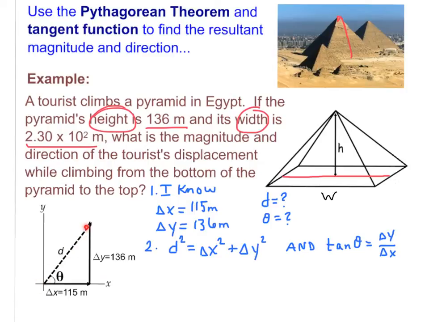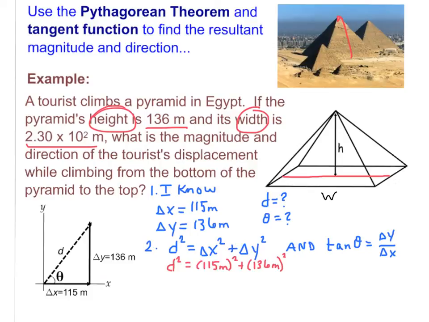That's the hypotenuse right there, and that's what I want to find, too. I want to find d. So d squared equals delta x squared plus delta y squared. So that is what I'm going to do for the Pythagorean theorem, and here is the definition for my tangent function.